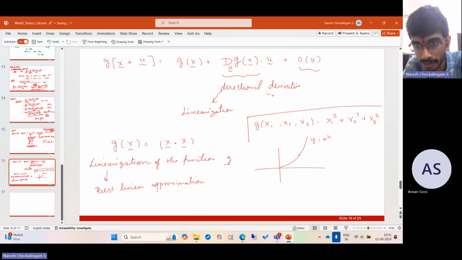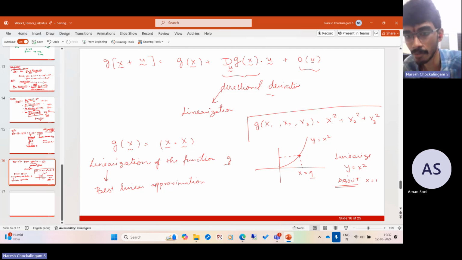But given any point on this, you can construct a linear approximation, and that linear approximation is the best linear approximation to this function. Suppose you say, linearize y is equal to x square about the point x equal to 1. For linearization, it is important to specify about which point we need to linearize.